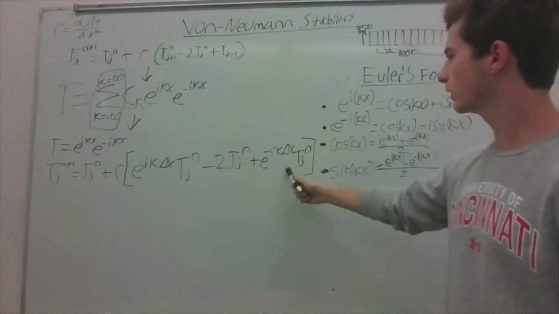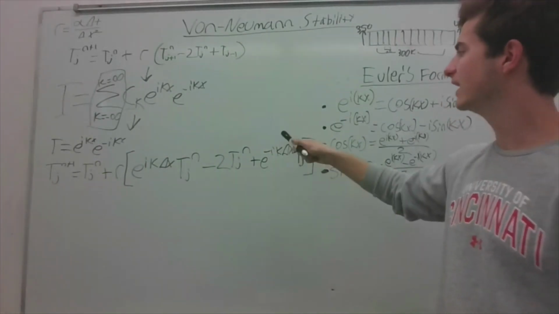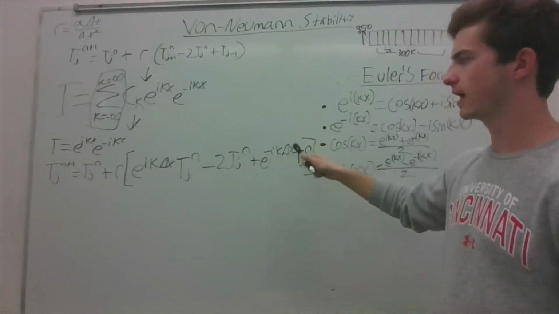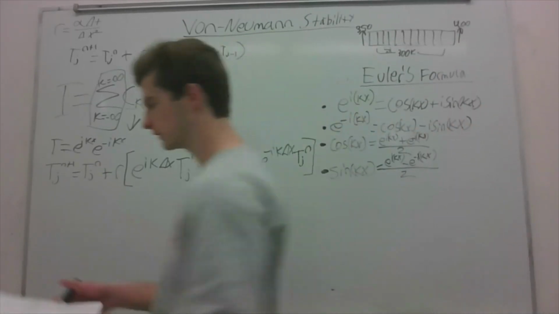Perfect. What the heck just happened here? We've got e to the negative I k delta x. Well, why the heck is that?